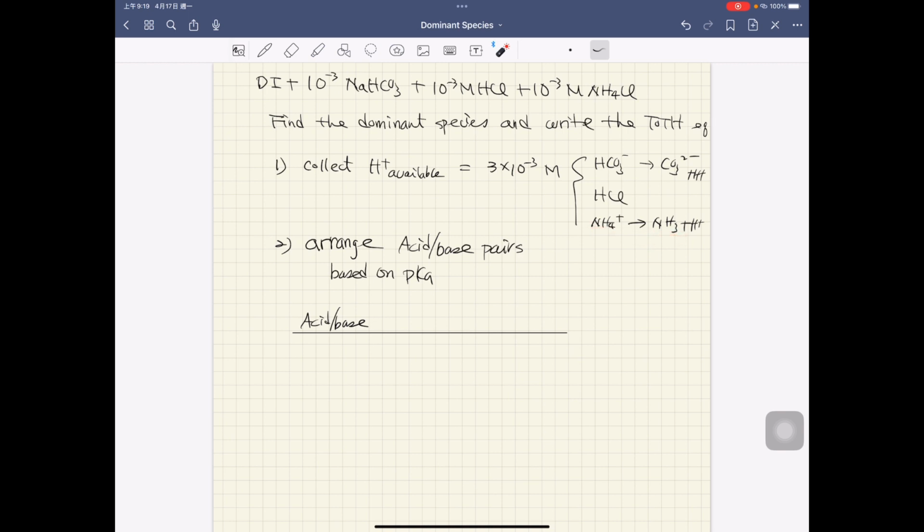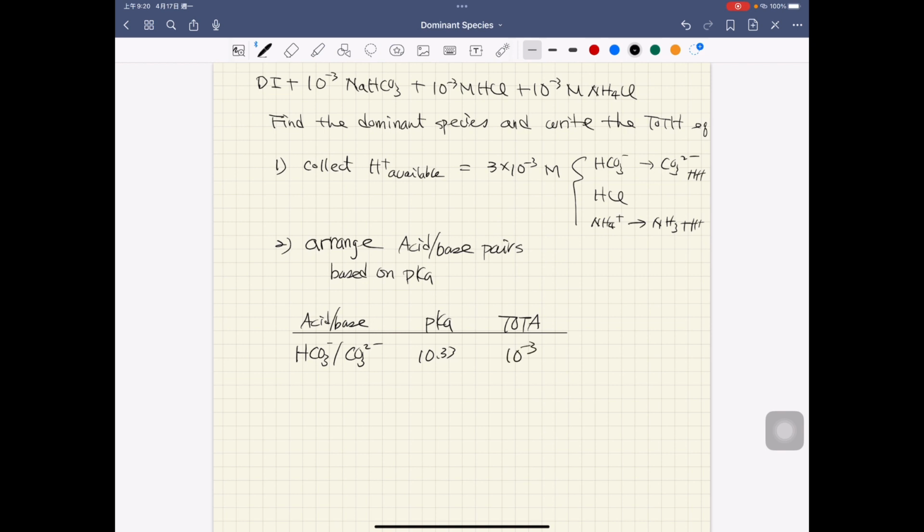So the first one will be 10.33, okay? So that will be the first one. The pKa value is 10.33, and the total A is how much? 10 to minus 3, right?